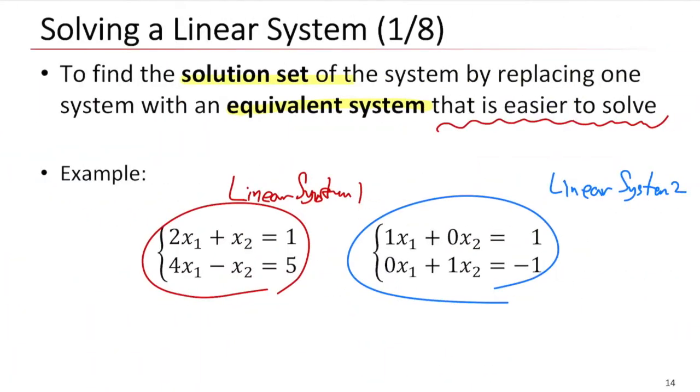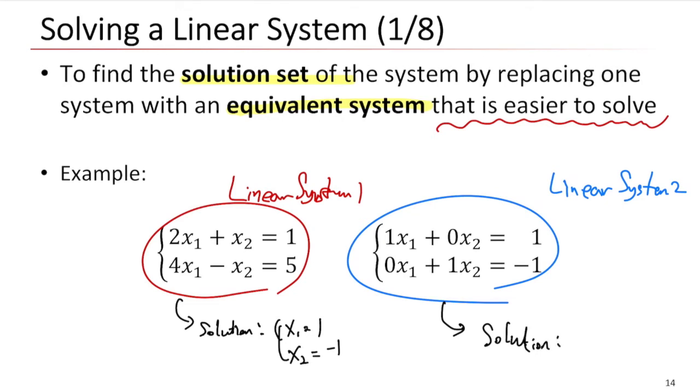So the solution of this linear system is x1 equals 1 and x2 equals -1. And what about the solution of this linear system?